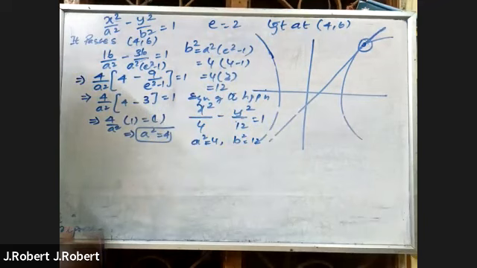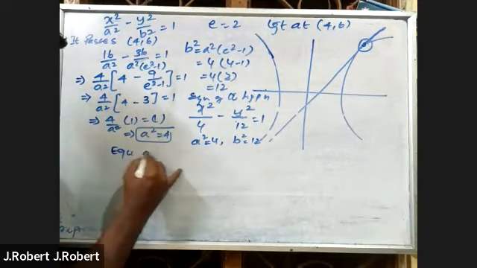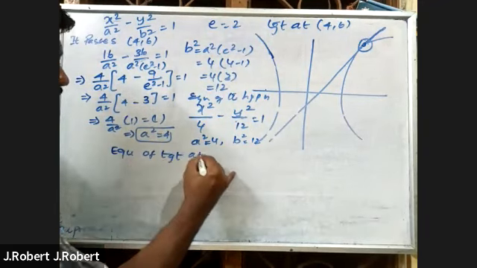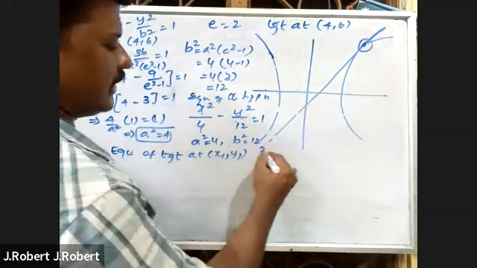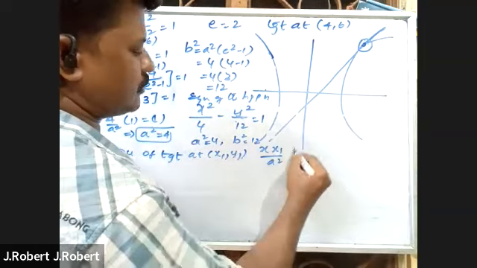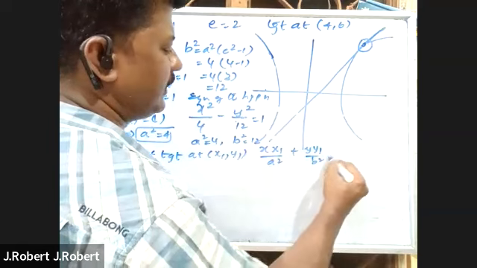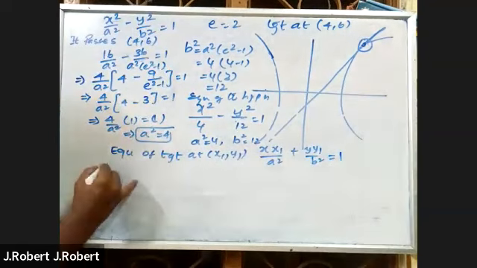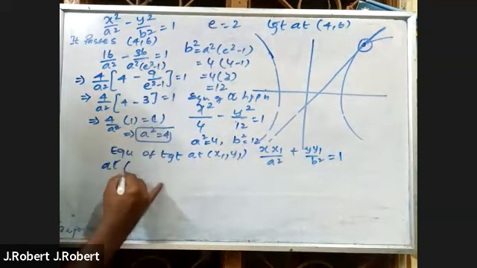What is the question? Find the equation of the tangent. We know the formula: the equation of the tangent at (x1, y1) is x x1 by a squared minus y y1 by b squared equals 1. It passes through the point (4, 6).